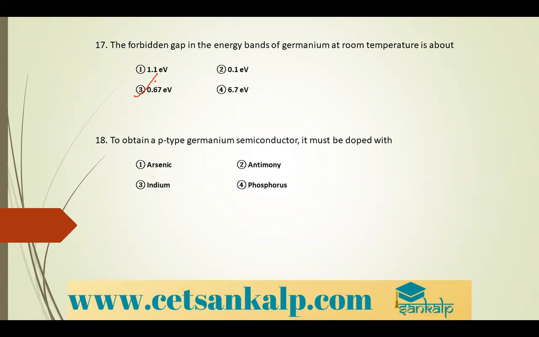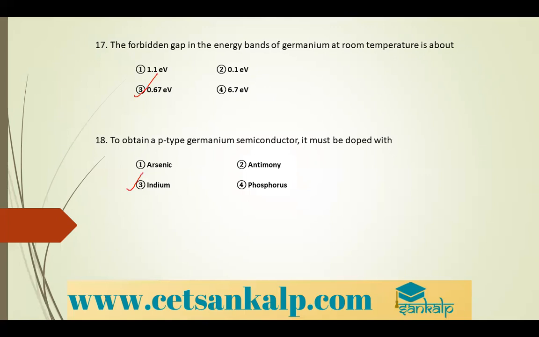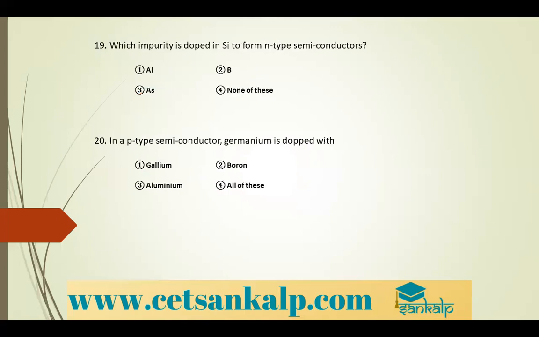To obtain p-type germanium semiconductor, it should be doped with trivalent. So option 3. Which impurity is doped in silicon to form N-type semiconductor?